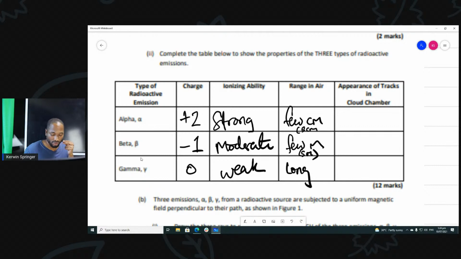Appearance in tracks. I know about the appearance of alpha, beta, and gamma. And I probably need to bring up my diagram on this. Do I have a diagram set for this? Now, gamma has an interesting pattern because of an effect that happens.